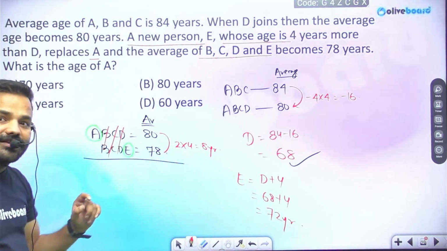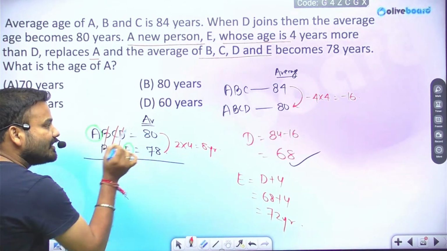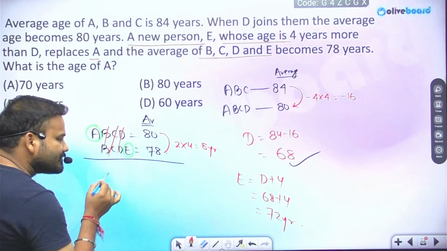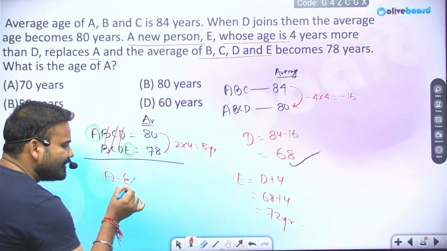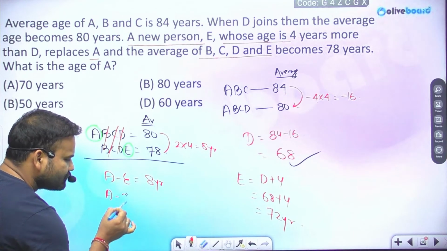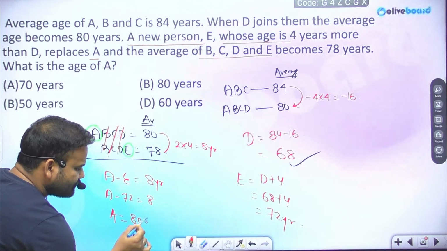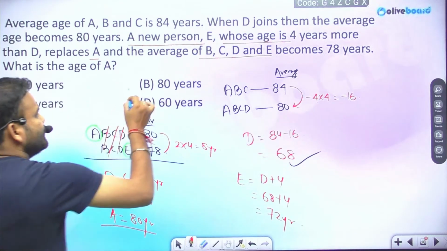So 8 is the difference, and who is 8 years more? A is more, because when A was there, the average was 80. When E comes, the average becomes less. That means A is greater than E, that too by 8 years. And E is 72. That means the age of A is 80 years. Is it clear?